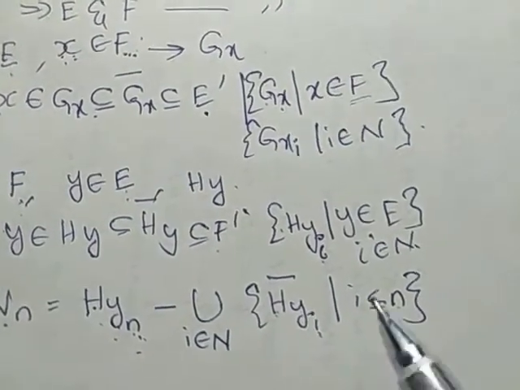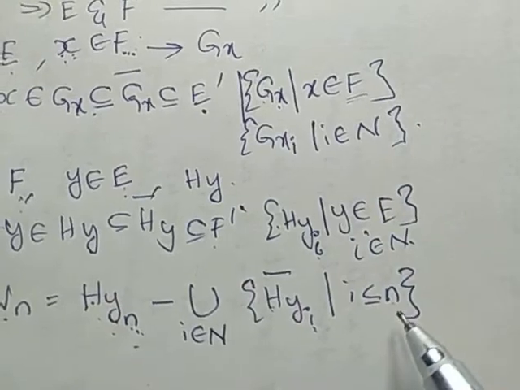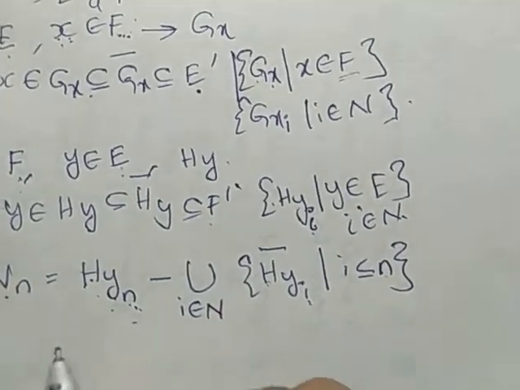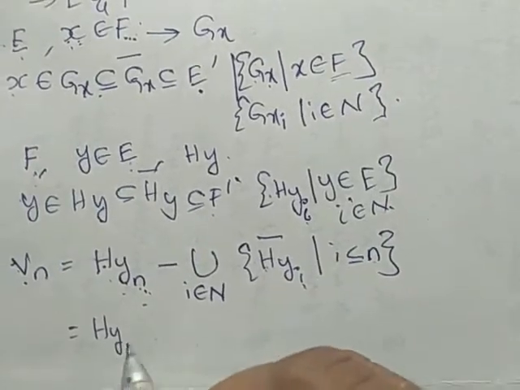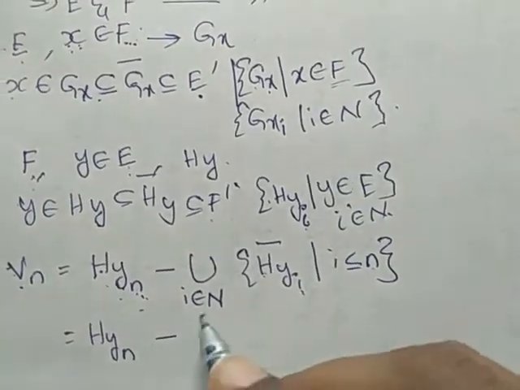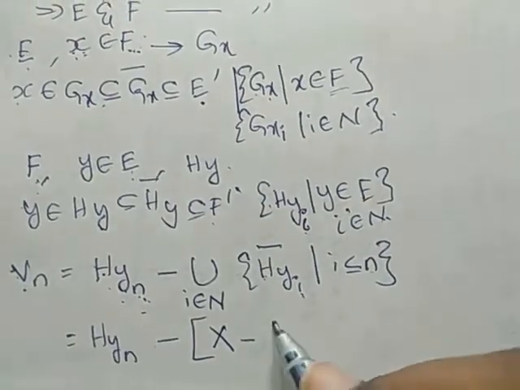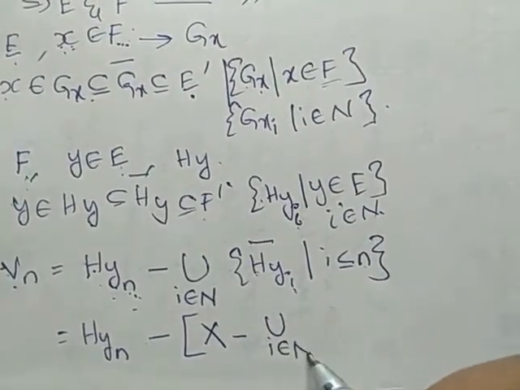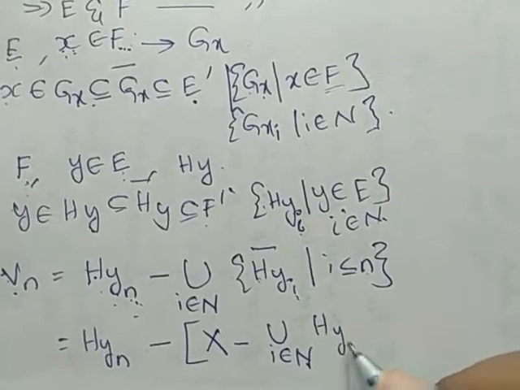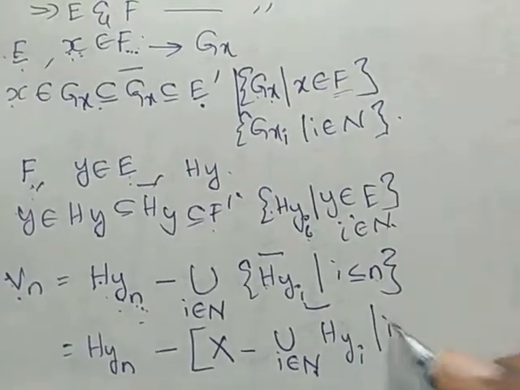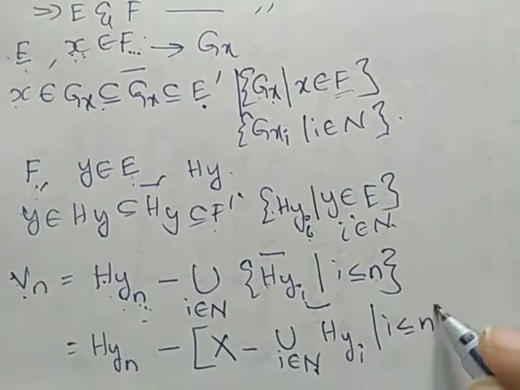What is the value of i? i is less than or equal to N. So, this we can write as Hyn remains as it is minus X, minus union of i belongs to N, Hyi closure such that i is less than or equal to N.